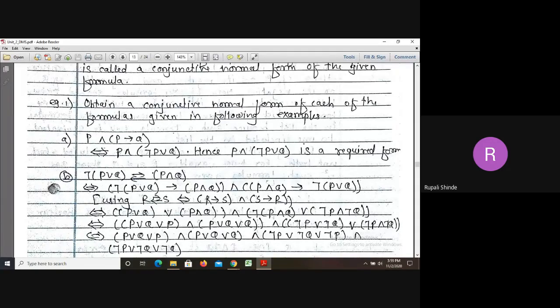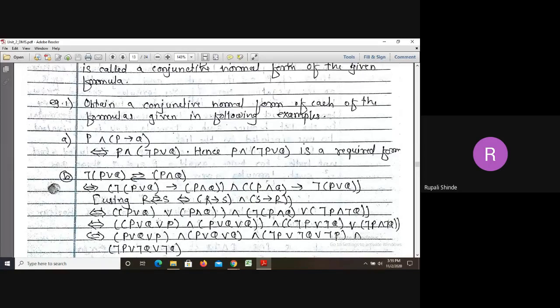Once again check it. First bracket is P or Q or P, and the second bracket is P or Q or Q. Now we have to apply this negation inside: negation of P or negation Q or negation P and negation Q. We applied the negation over this bracket, so this and becomes OR.